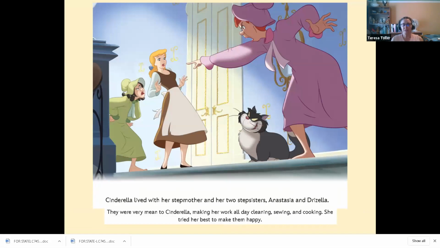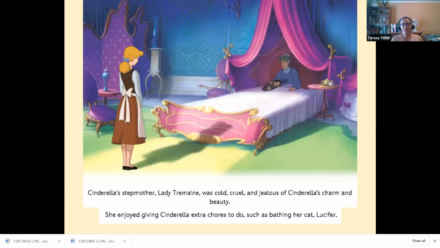They were mean to Cinderella, making her work all day, cleaning, sewing, and cooking. She tried her best to make them happy. Cinderella's stepmother, Lady Tremaine, was cold, cruel, and jealous of Cinderella's charm and beauty. She enjoyed giving Cinderella extra chores to do, such as bathing her cat, Lucifer.